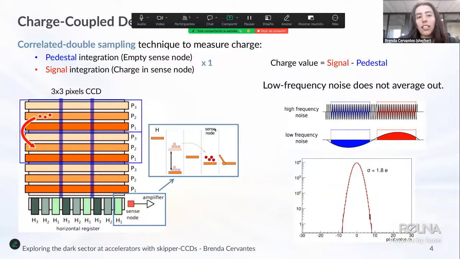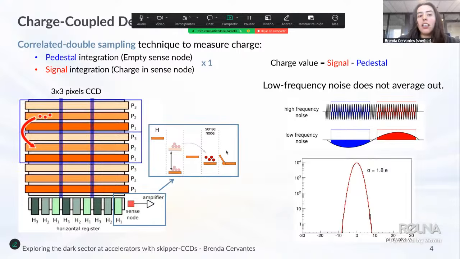In this technique, we first measure what we call the pedestal level, which corresponds to the potential where the sense node is empty. Then we move the charge towards the sense node and measure the potential with the charge, which we call the signal level. So the value of our charge packet is the signal minus the pedestal.